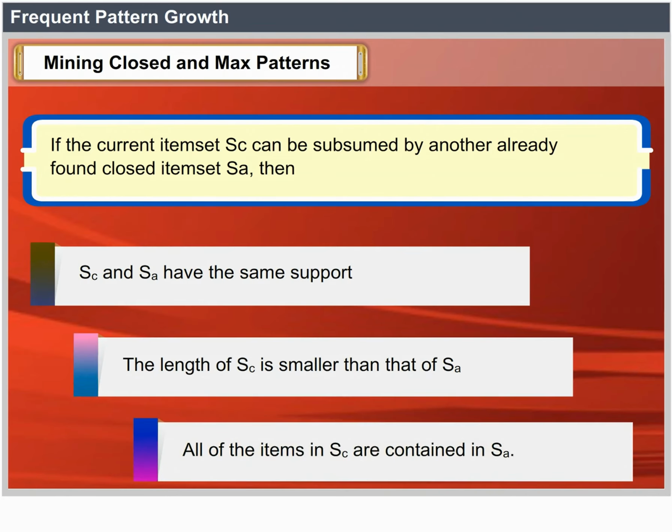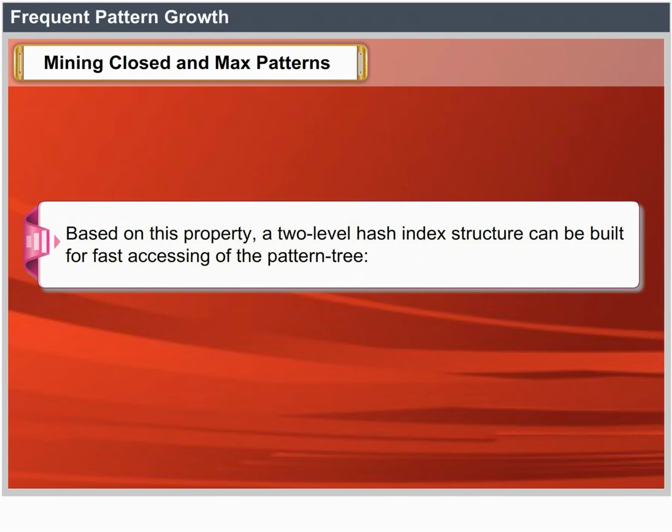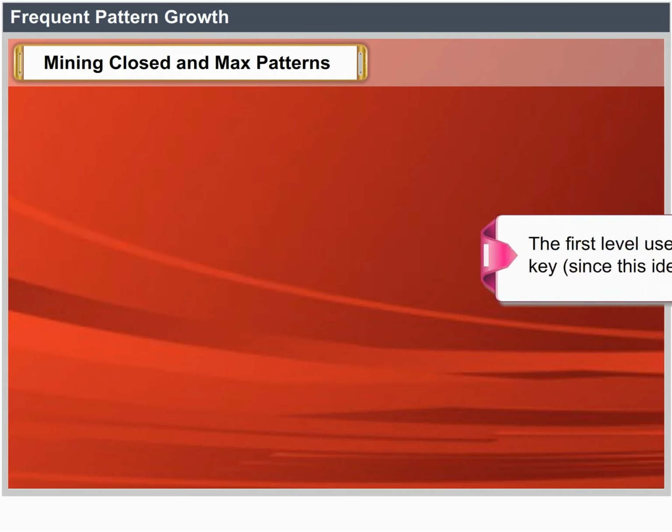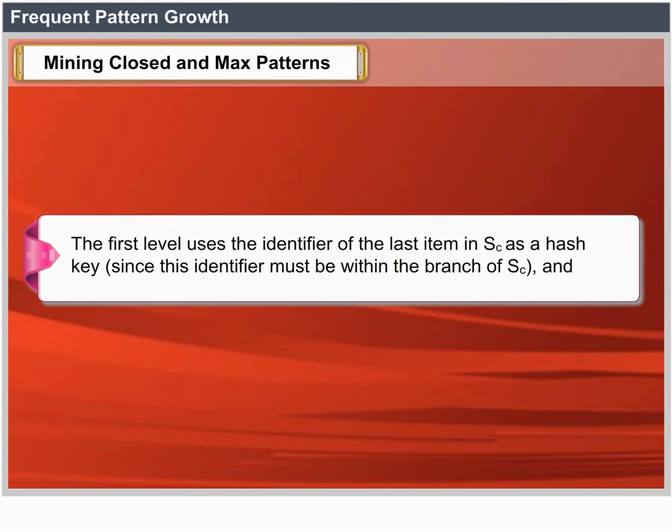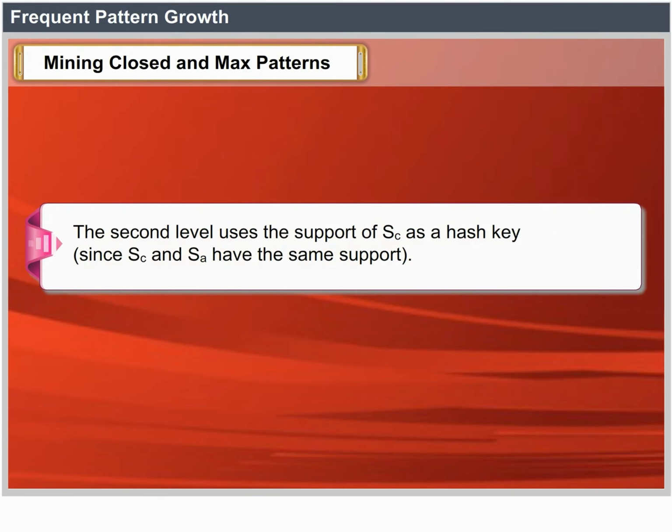Based on this property, a two-level hash index structure can be built for fast accessing of the pattern tree. The first level uses the identifier of the last item in Sc as a hash key, since this identifier must be within the branch of Sc, and the second level uses the support of Sc as a hash key, since Sc and Sa have the same support.